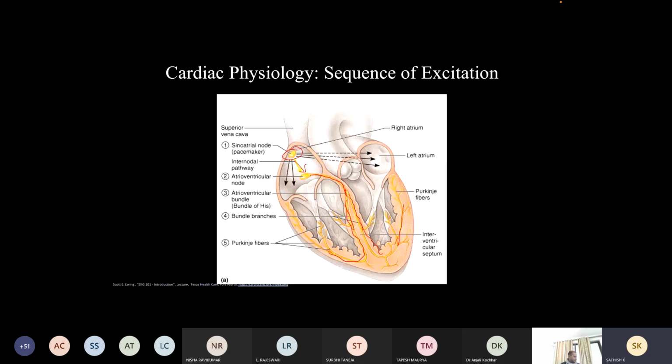Actually, the SA node was the last one to be discovered, in 1907 by Keith and Flack. The AV node and bundle of His were described first, in 1893. In 1880, Walter Gaskell described the impulse of the heart as originating from the sinus venosus, that is basically the AV node.